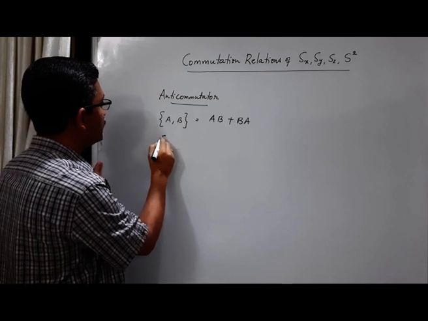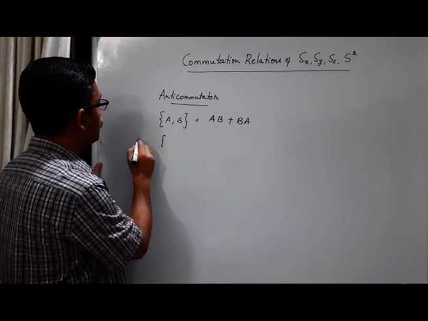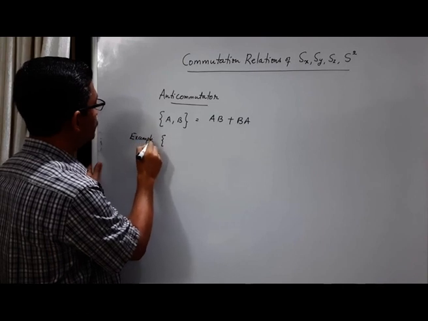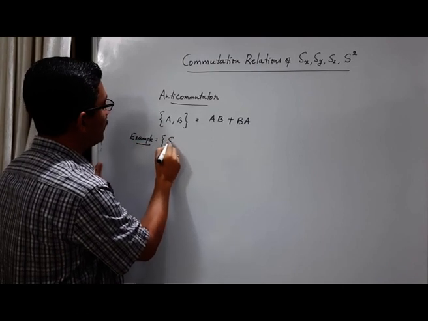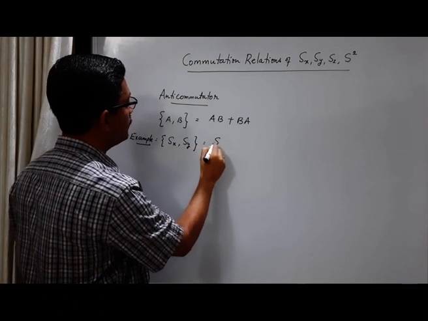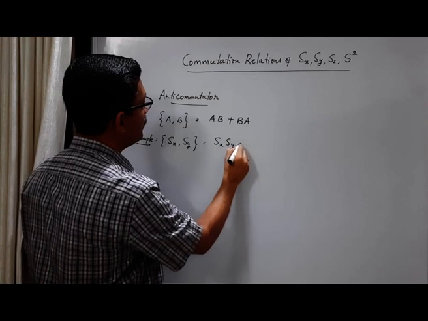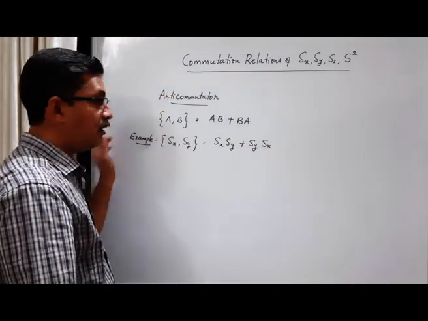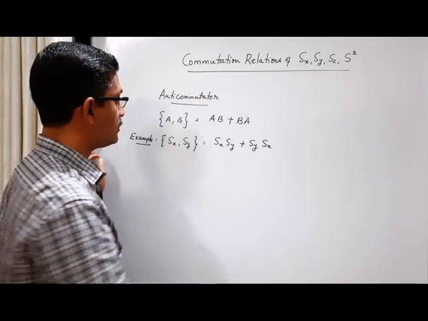So as an example, let us consider the components of spin operator. Okay, so consider Sx comma Sy. So this is Sx Sy plus Sy Sx. Okay, let us quote from the previous results.